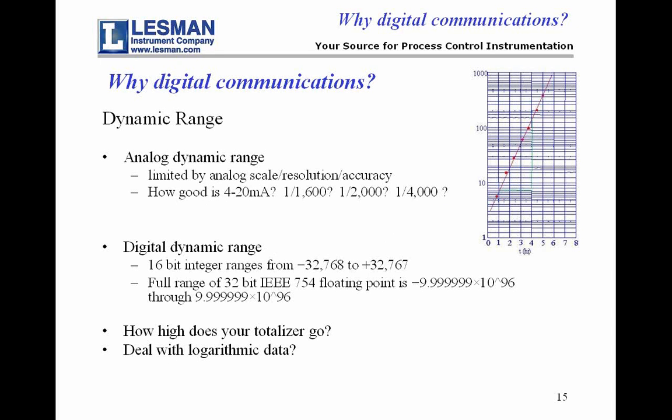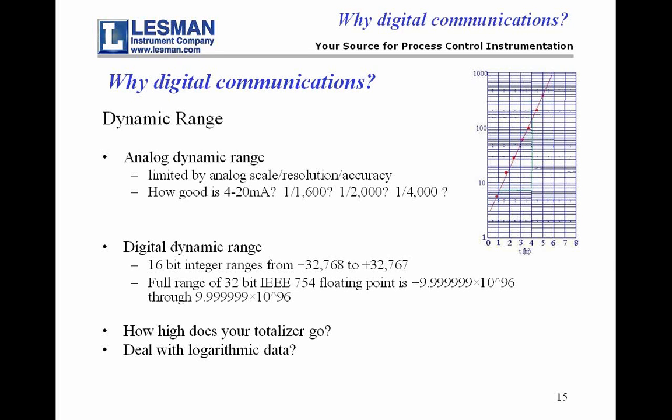An aspect of digital communications which can be terribly beneficial is dynamic range. We see this most often when you deal with totalizers. The reason for that is totalizers very quickly go outside the scale of what is ordinarily represented by a 4 to 20 milliamp signal. With 4 to 20 milliamp, you might have 1 part in 1600, maybe 1 part in 4000, depends on how good both ends of it are.